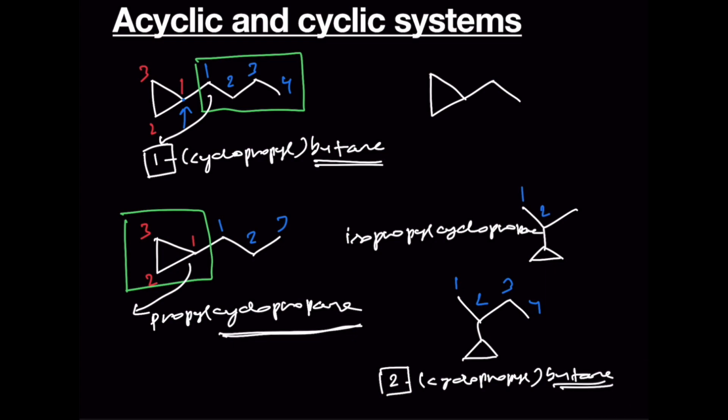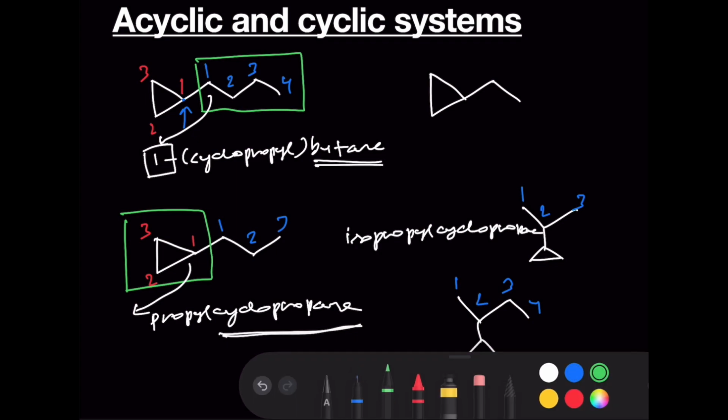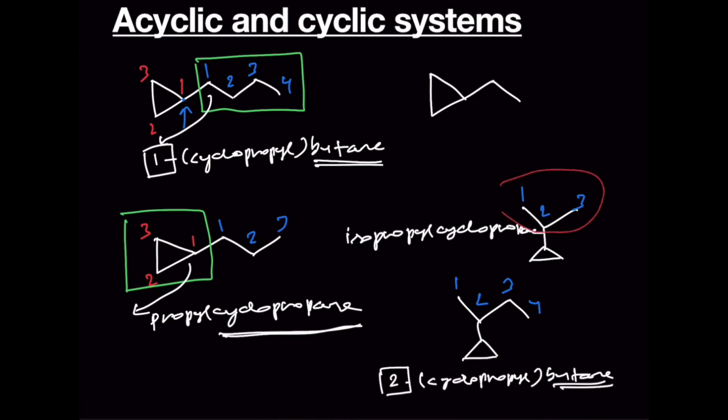1, 2, 3, but the group is isopropyl. You have an isopropyl chain here, but your parent is once again this one. Cyclopropane is your parent. Let us go to the third one.